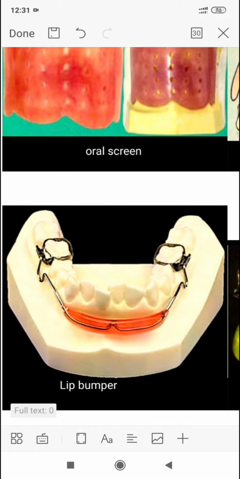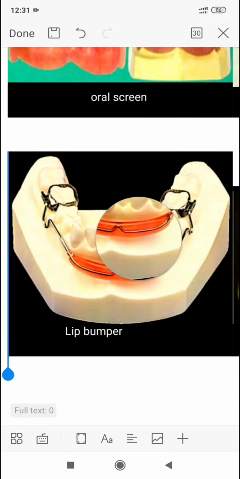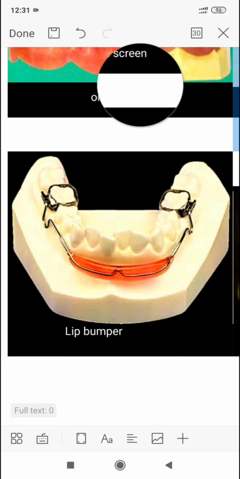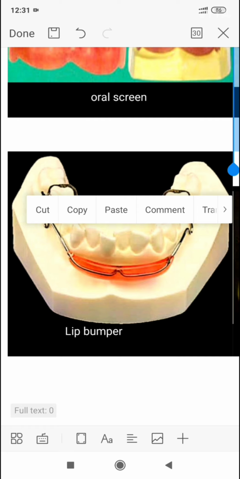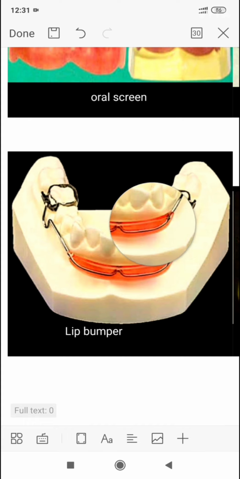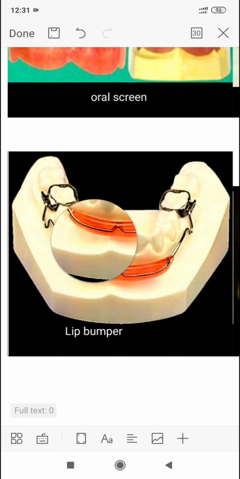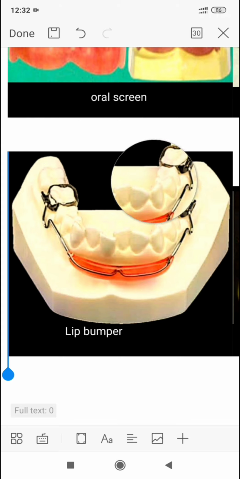So this is a lip bumper. It is a modification of the oral screen. It is used in case of lip sucking and hyperactive mentalis, and to augment anchorage, and also to distalize the molars.